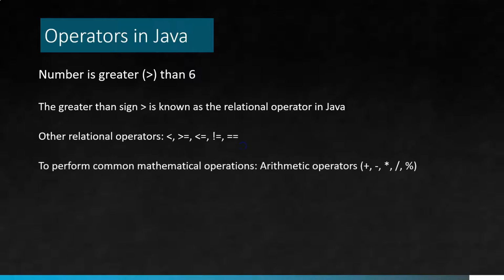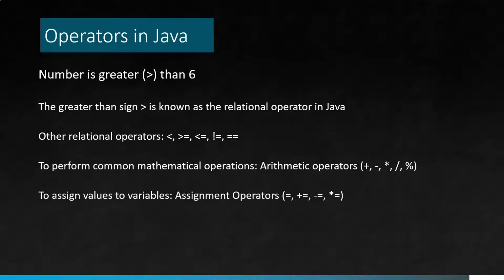So some of the other operators in Java are arithmetic operators. All of these arithmetic operators can be used to perform common mathematical operations like plus, minus, multiplication, division, or modulo, right? So these are the different arithmetic operators. And then there are assignment operators.